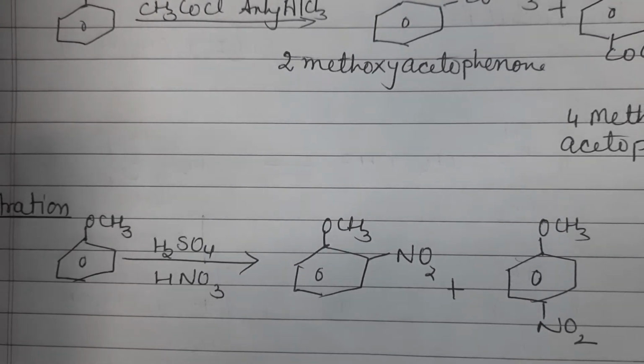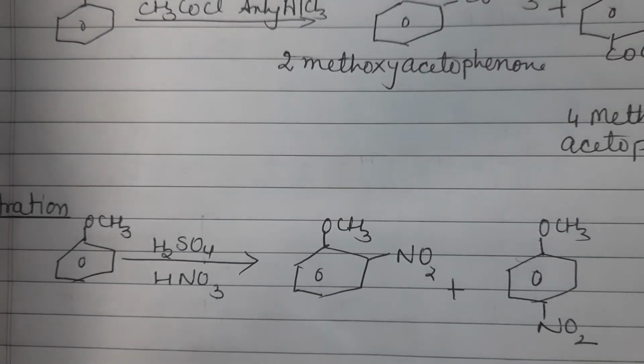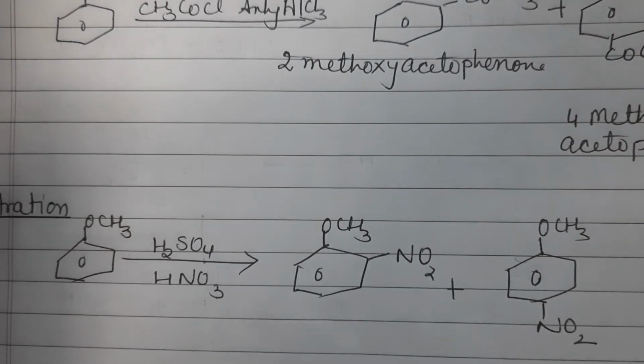If we do chlorination of ether in sunlight, all hydrogens get replaced at one time. But in the dark, first all alpha hydrogens get replaced by halogen, then the beta carbon hydrogens are replaced.